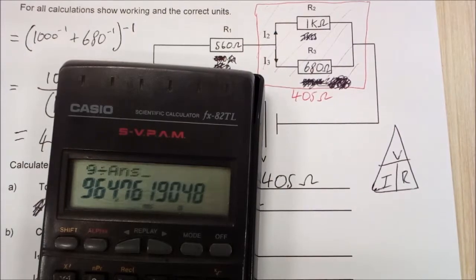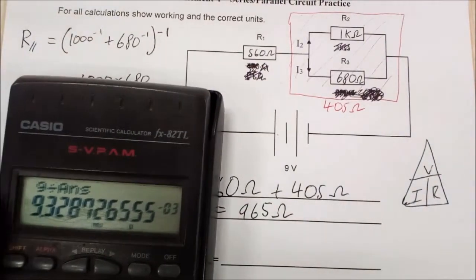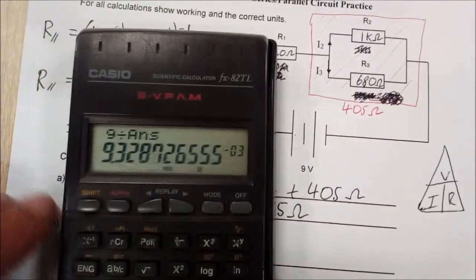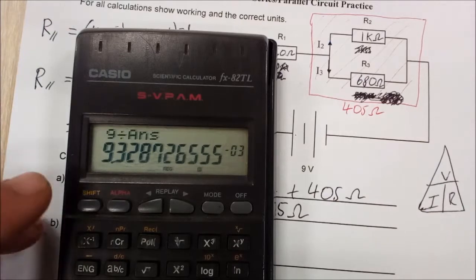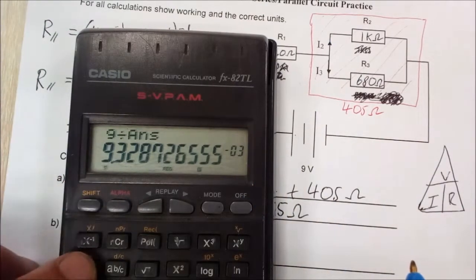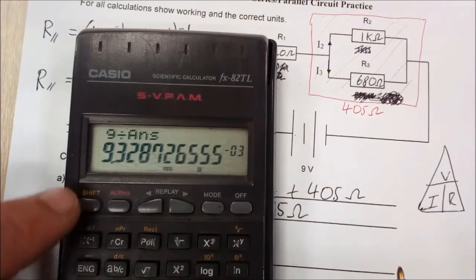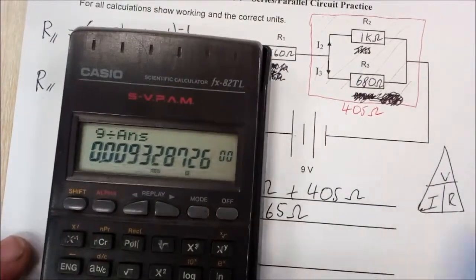Therefore, if we do that, I've already got that value still on my calculator. 9 divided by the answer is equal to, and now this is one of these things where, if you've got an answer with an exponential, I'd probably get it down to its rawest form, because it can get a little simple. That's in milliamps there, but you want to get it down to amps. If it has zeros there, that is the raw answer.